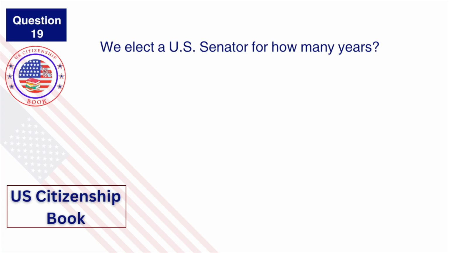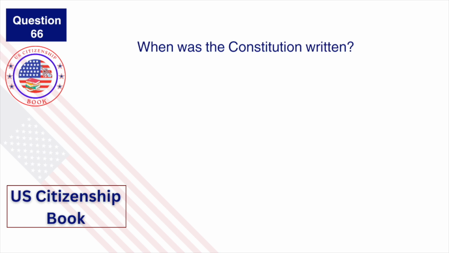We elect a U.S. Senator for how many years? 6. When was the Constitution written? 1787.